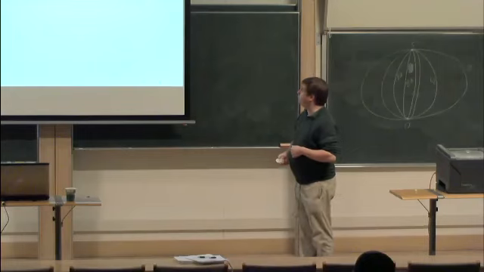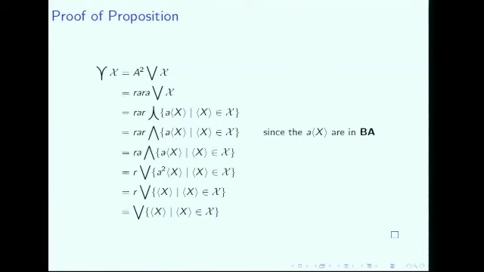All right, I think I do have time, so I'll quickly go through the proof. It looks purely formal, but there's a couple of subtleties. So the definition: it turns out that the join in CBA can actually be given by A squared of the join in B.